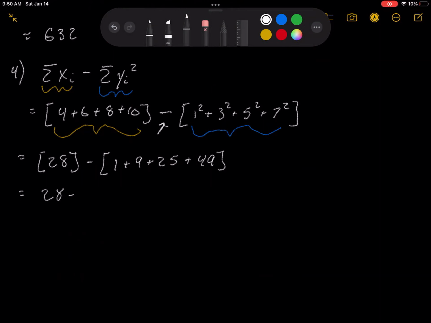That's going to give me 1 plus 9 gives me 10. If I add 25 to it and then a 49, I get an 84. And 28 minus 84 results in a minus 56. So it's a new notation, but it's really no more complicated than just repetitive addition.